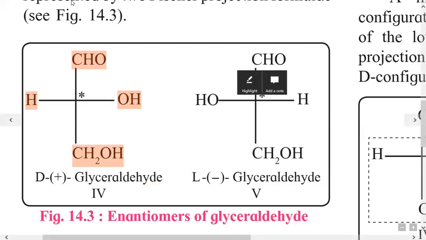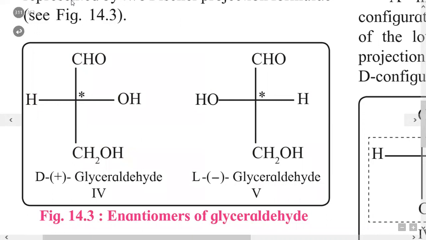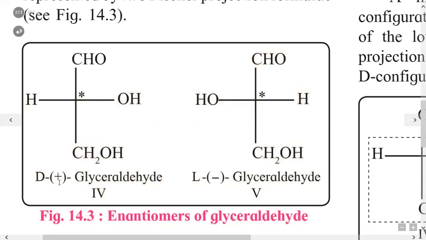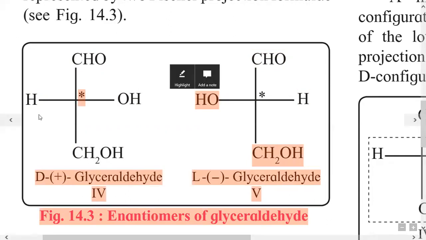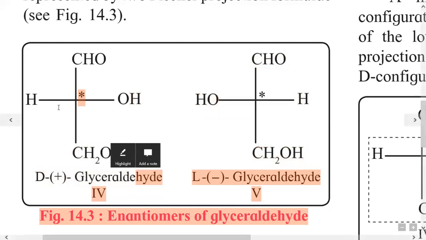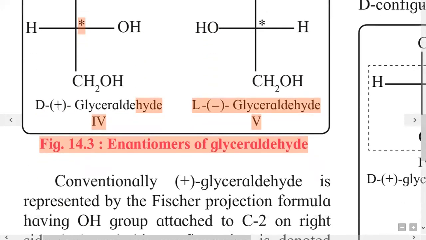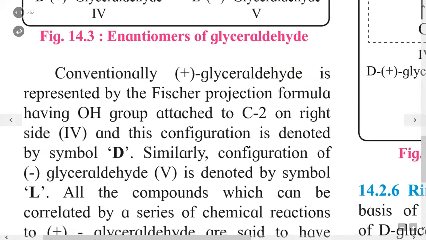This is glyceraldehyde. This glyceraldehyde molecule is D-plus-glyceraldehyde, because the OH group present on the second carbon is to the right side, and in the other isomer the OH group is present to the left side. So if the OH group is present to the right side, it is called D-glyceraldehyde, and if the OH group in the structure is present to the left side, then it is called L-glyceraldehyde, and these are enantiomers of glyceraldehyde.